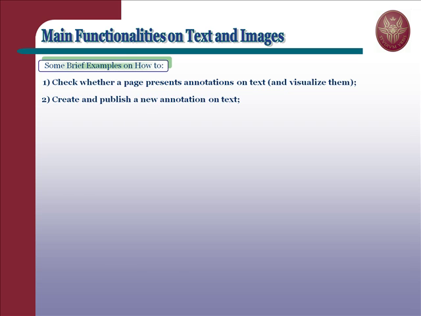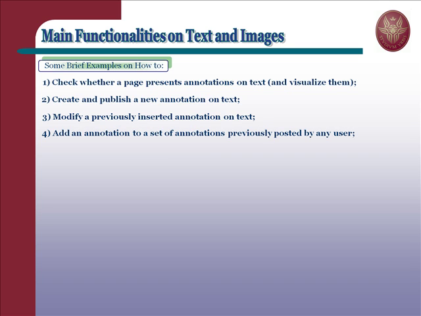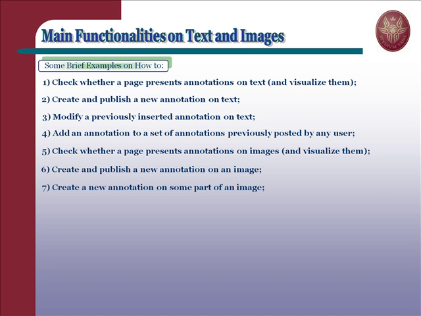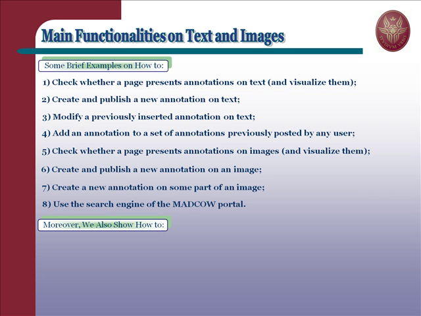More specifically, we show how to check whether a page presents annotations on text and visualize them, create and publish a new annotation on text, modify a previously inserted annotation on text, add an annotation to a set of annotations previously posted by any user, check whether a page presents annotations on images and visualize them, create and publish a new annotation on an image, create a new annotation on some part of an image, use the search engine of the MADCOW portal, and moreover, we will also show you how to obtain a free MADCOW account.